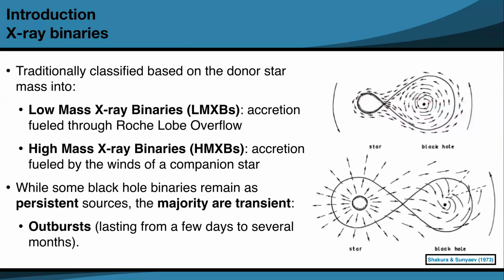Traditionally, these sources have been classified in two categories depending on the mass of the donor, the companion star. We can either have a low mass X-ray binary, where the accretion is fueled by Roche lobe overflow. So basically, during its evolution, the companion star expands, filling its Roche lobe.